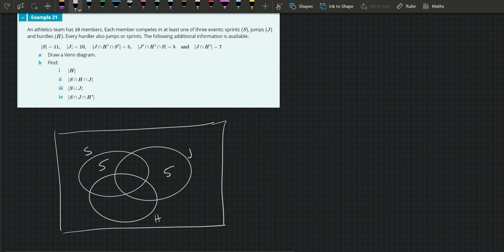And the people who jump but not hurdle is 7. So this is jump but not hurdle. In total that's 7. So we've got 5 there already, so that has to be a 2.